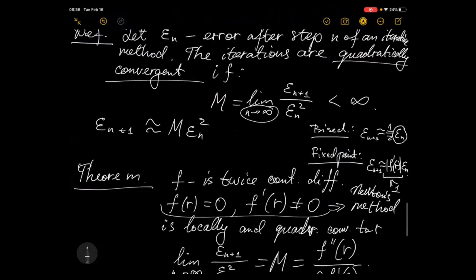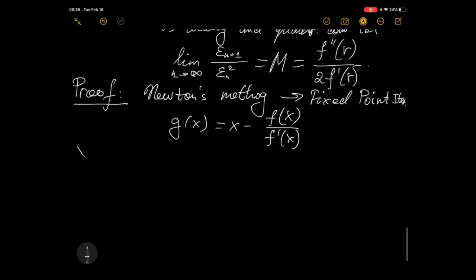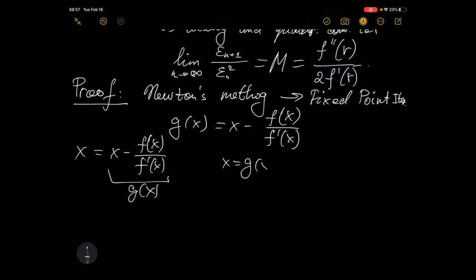Pay attention, here is the formula. If you have x equal to g(x), then you know that fixed points would be nothing else but these.